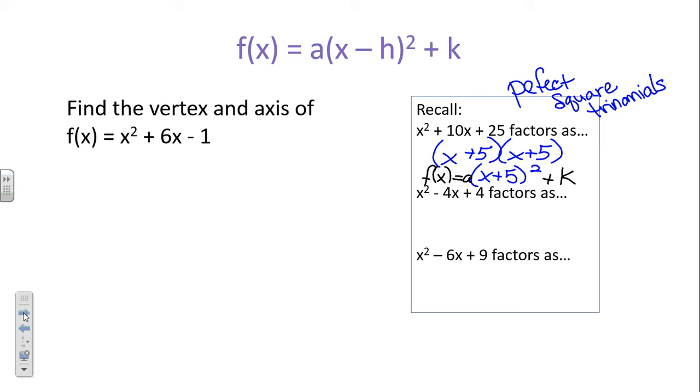Does that make sense? Okay. How does x squared minus 4x plus 4 factor? Yep, x minus 2 quantity squared. And how does x squared minus 6x plus 9 factor? Yeah, x minus 3 quantity squared.